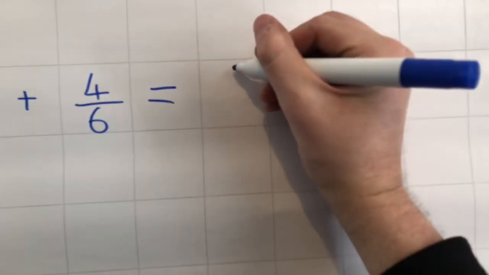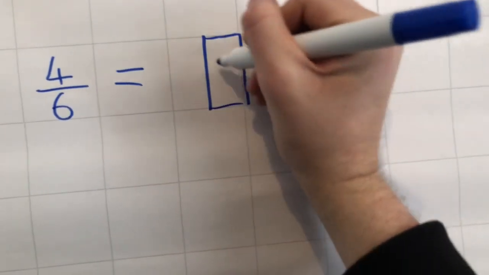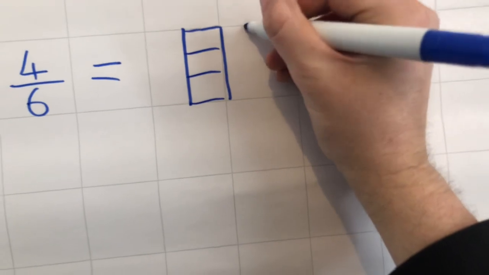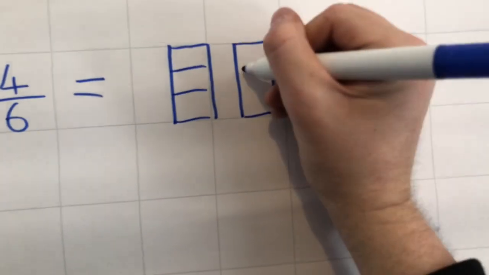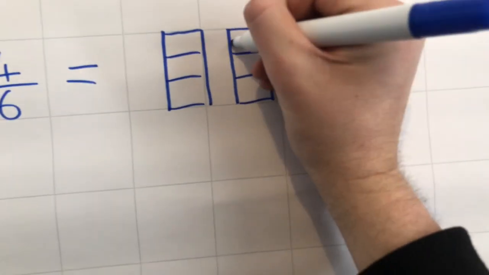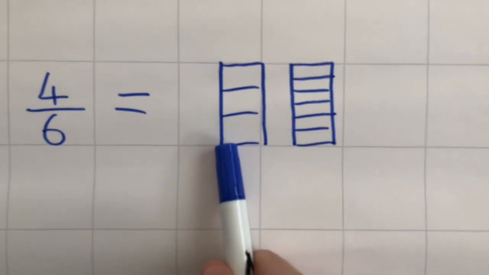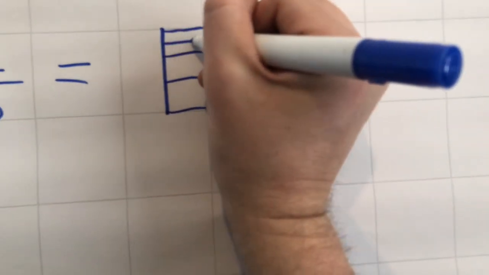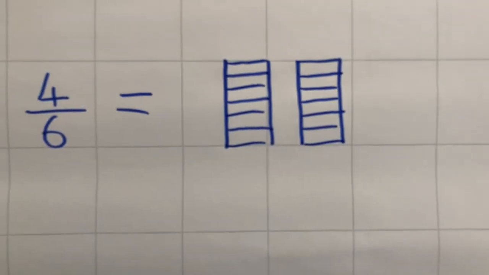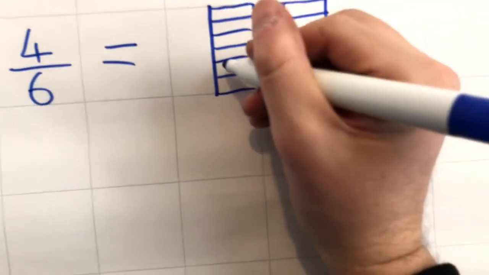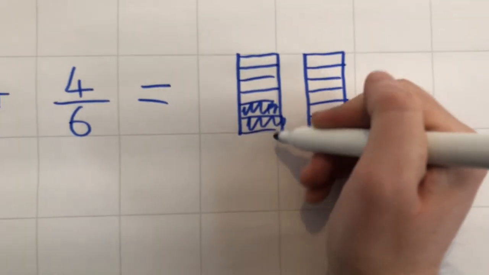So if I was to draw my thirds, and I was to draw my sixths, I can see that I can just double that. If I had 1/3, it actually equals 2/6.